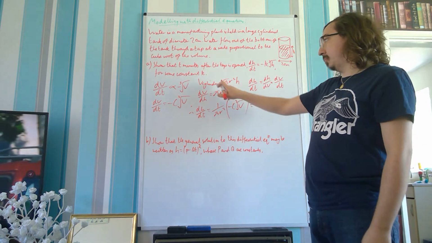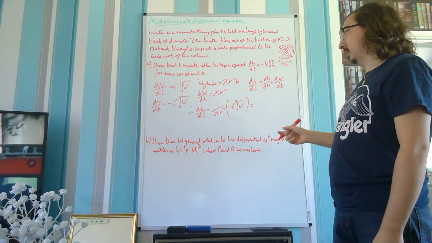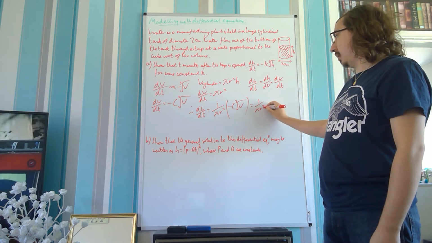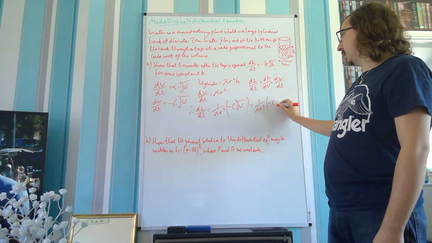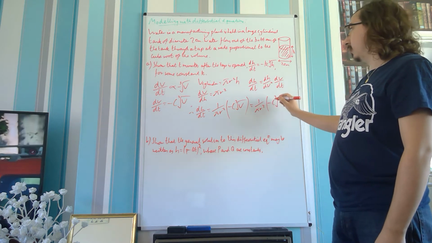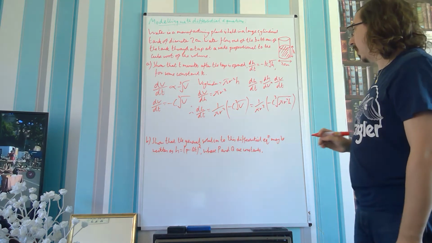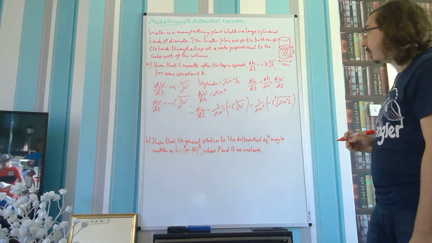And we have an expression for our volume, so actually we can substitute in again. So we've got 1 over pi r squared times minus c, the cube root of pi r squared h.